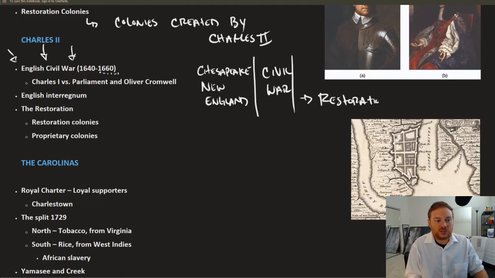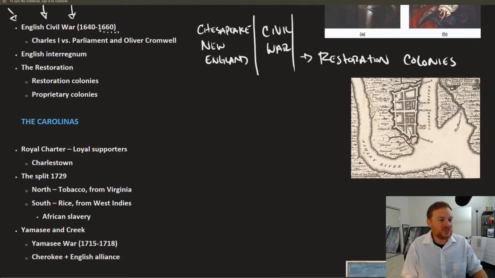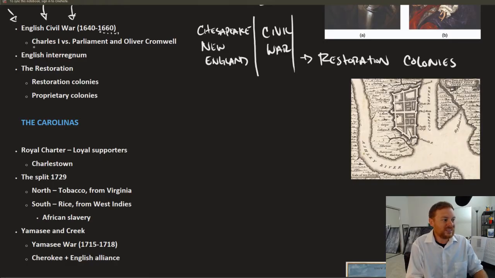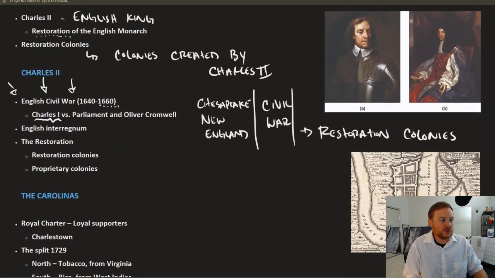So any colony that's established essentially after the English Civil War, we refer to as a Restoration Colony, and there are a couple of things they have in common. Just to recap, the English Civil War pitted the English monarch Charles I, who is the father of Charles II, against Oliver Cromwell and Parliament.